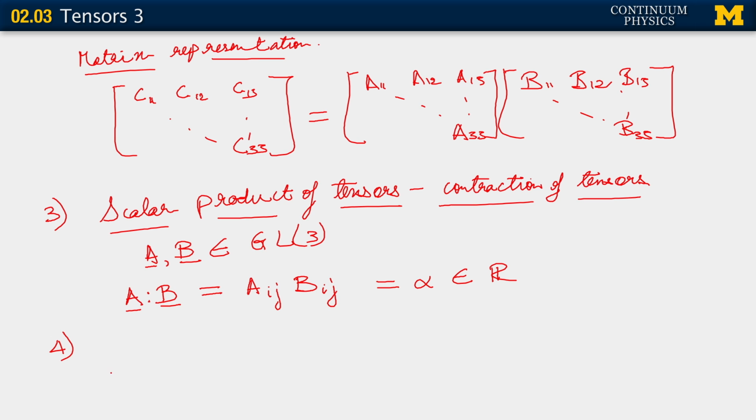Two more properties that we look at today. The fourth is this idea of the trace of a tensor. The trace of a tensor A, we will write it as tr A, can be written simply as A II.